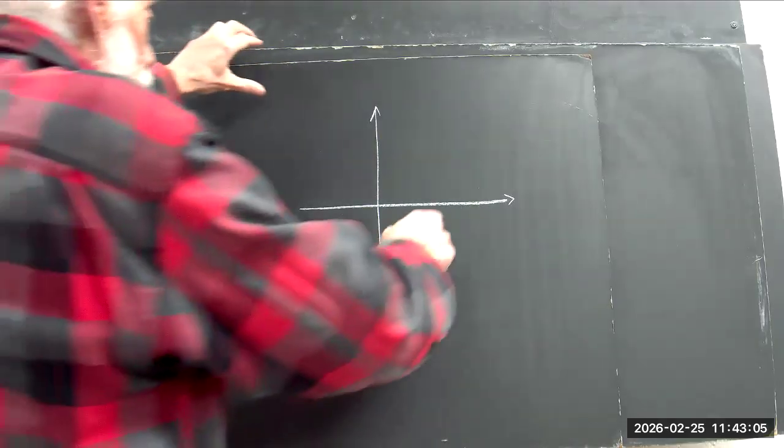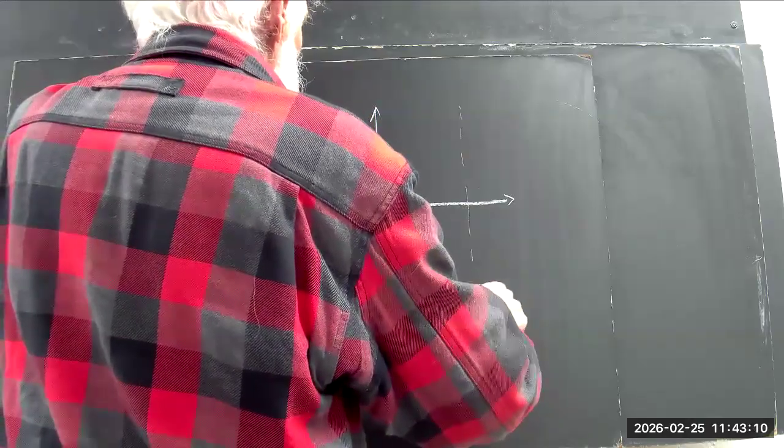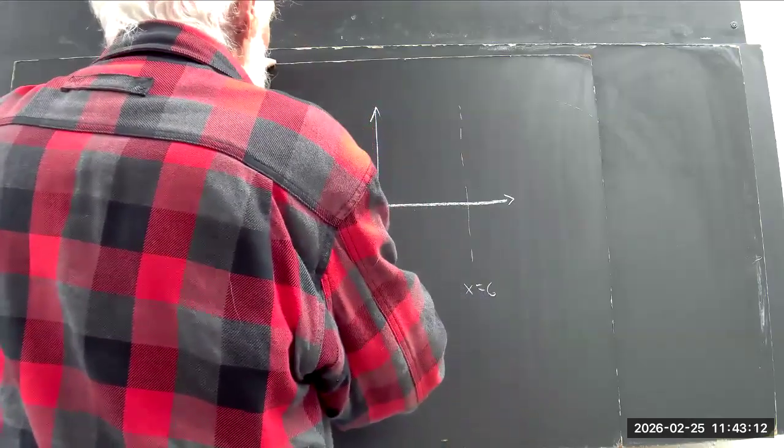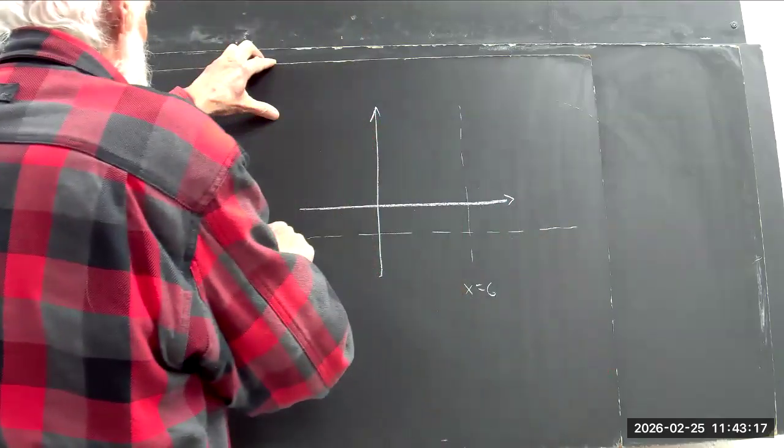And I've got the point 6, -3. So we'll put x equals 6 out about here, and y equals -3 about here.